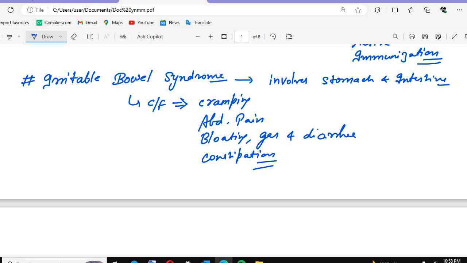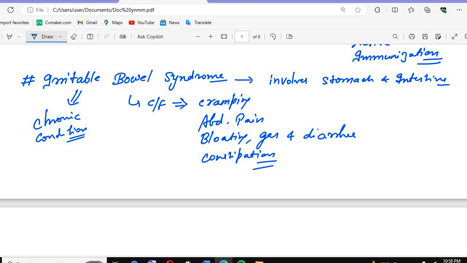All these clinical features you will see in this condition. Irritable bowel syndrome is a chronic condition, that you need to remember.